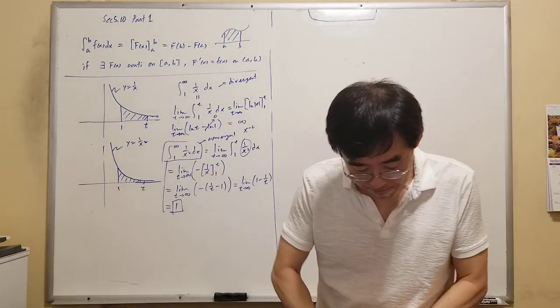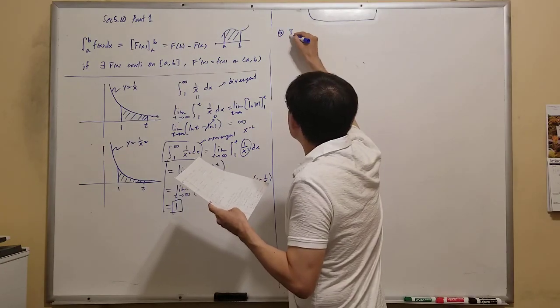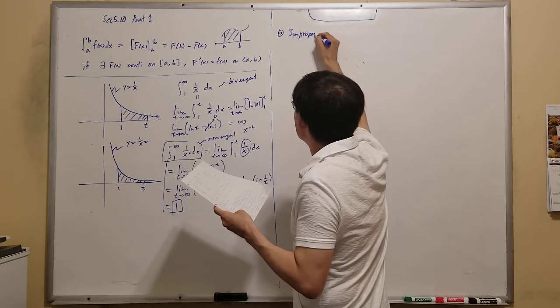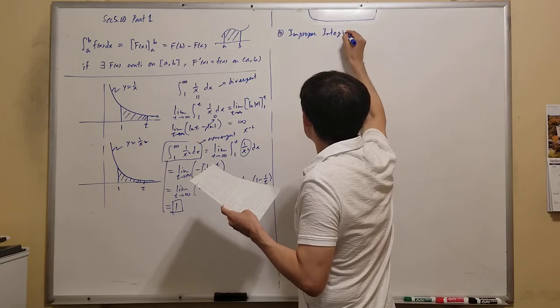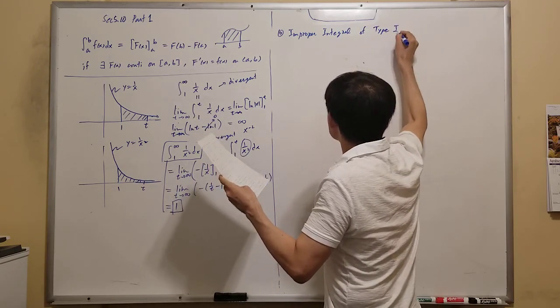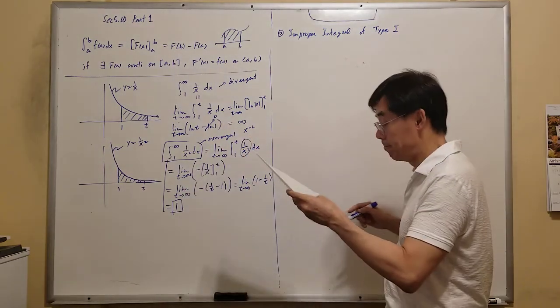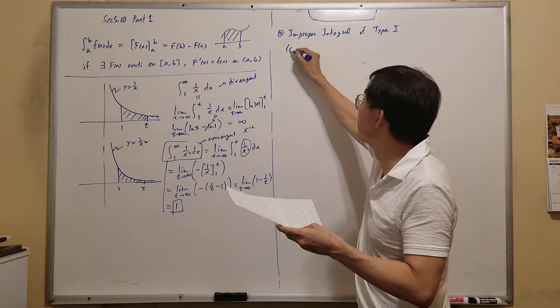Okay? All right, let's formally define the improper integral of type 1. In the first part, we are going to consider only type 1.